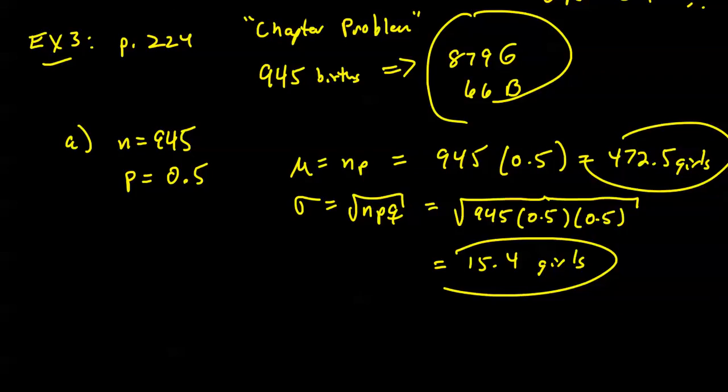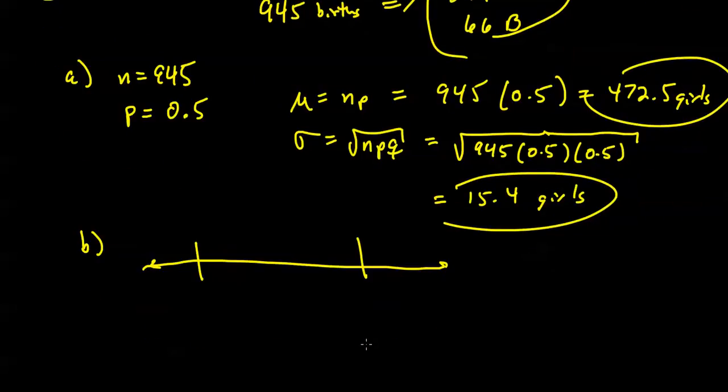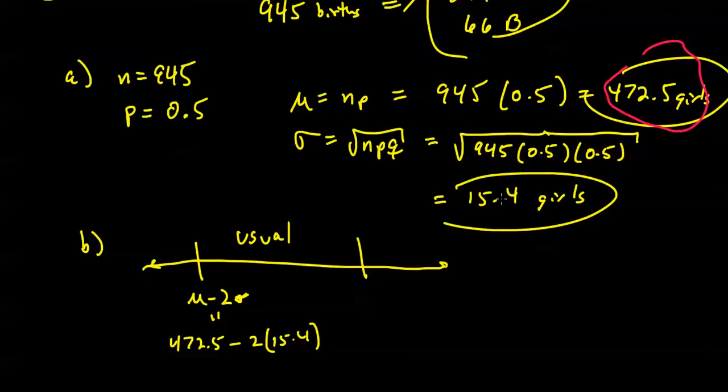All right, so according to my schema, I can find a minimum and maximum value for usual number of girls in these 945 births. The lower bound for usual value is going to be mu minus 2 sigma. We're familiar with that, I hope. And that's going to be 472.5 minus 2 times 15.4, using the previously calculated values of mu and sigma.